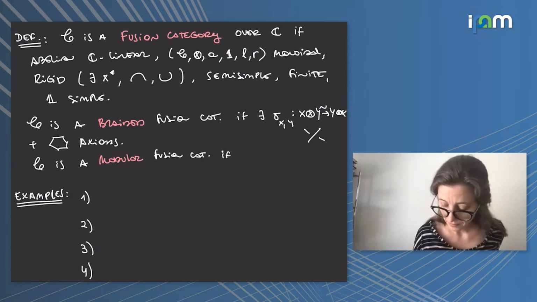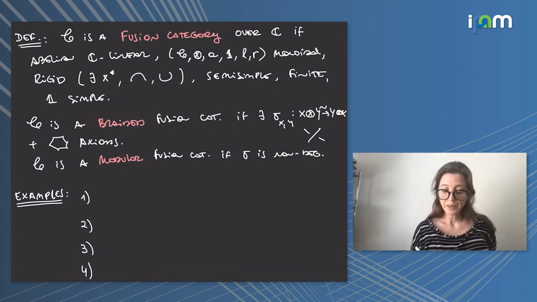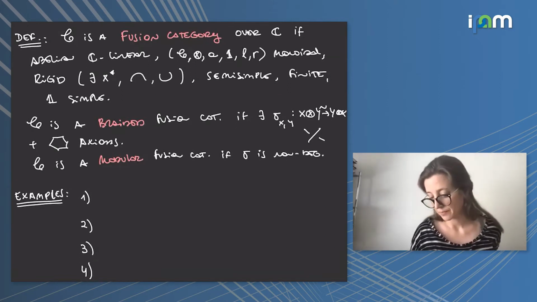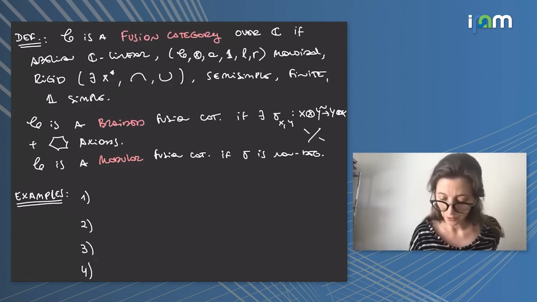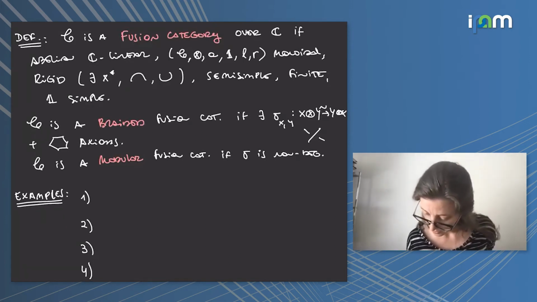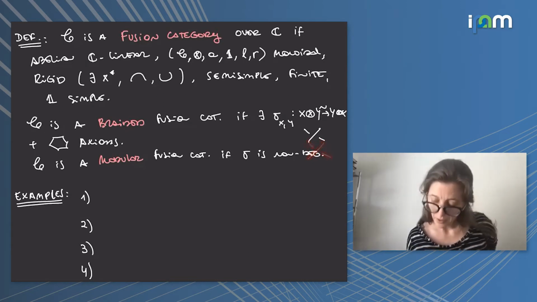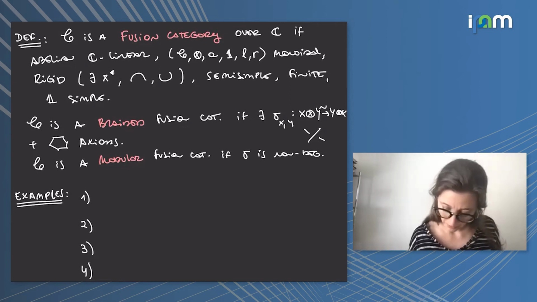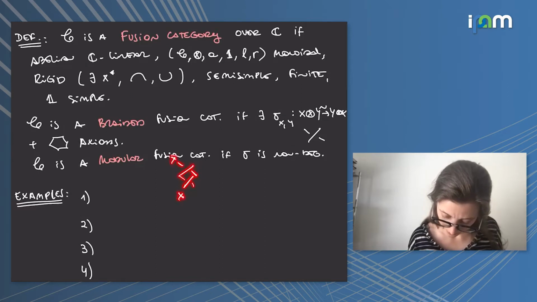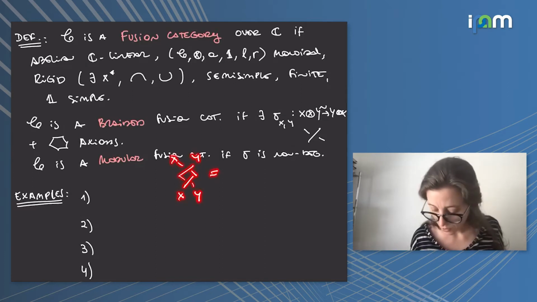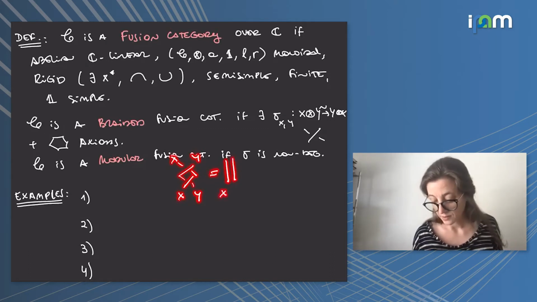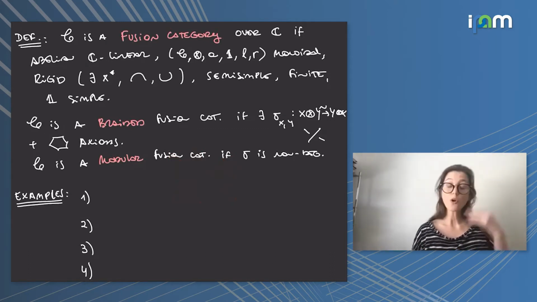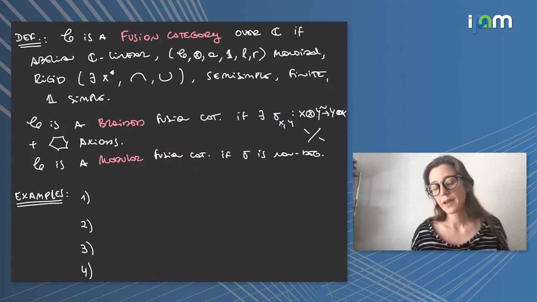If this braid is non-degenerate, and what it means that the braid is non-degenerate is that if you braid twice, you go once again and you braid, now you have a morphism that goes from X tensor Y to X tensor Y. We want this to be just the identity for all the Y's in my category only when X is equal to 1.